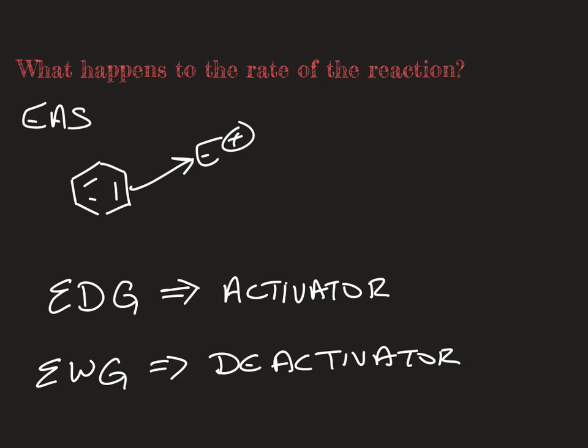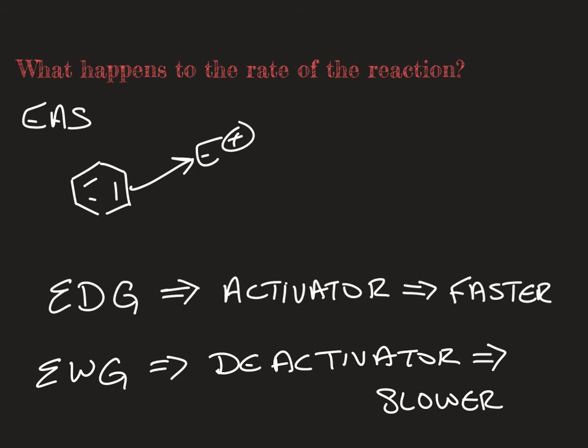So whenever you've got the electron donating group, it's an activator, an activating group, however you want to say it. The reaction is going to go faster. The rate will be increased. If you have an electron withdrawing group or it's deactivated, it's going to go more slowly. So that's how your groups are going to affect the rates of your reactions. Electron donating groups or activating groups, the reaction will go faster. Electron withdrawing groups or deactivating groups, and the reaction will go slower.